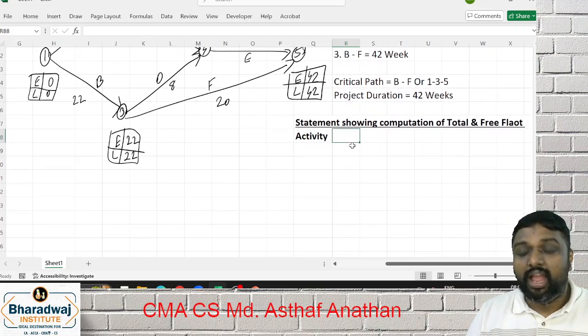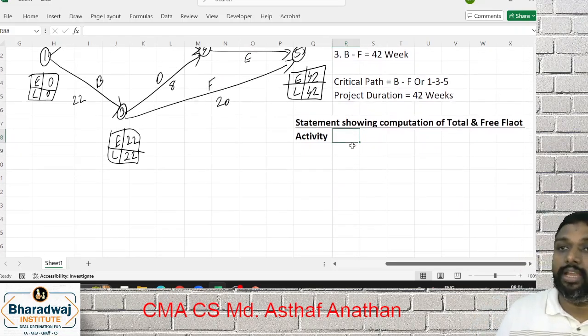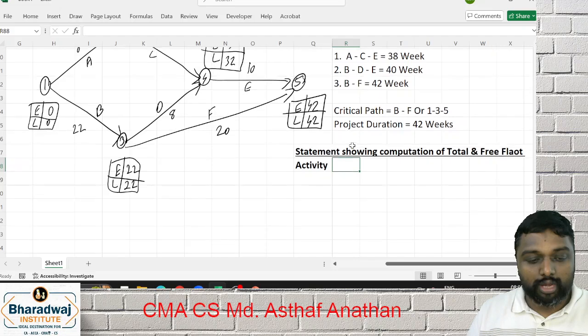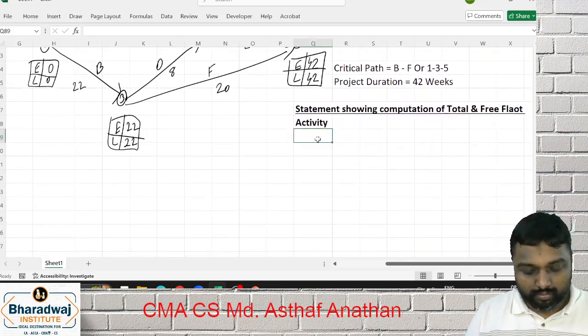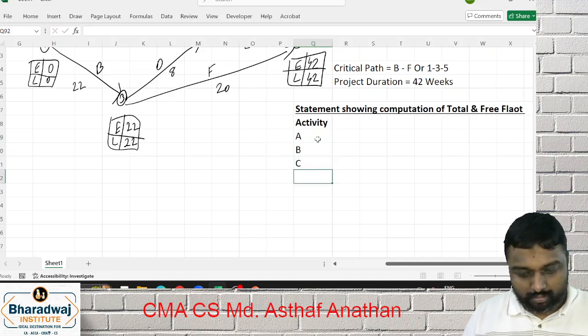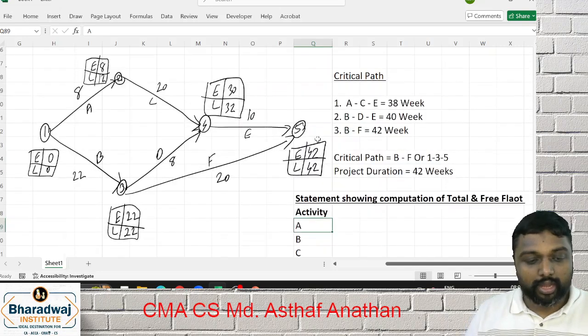So activity. Activity, either you can give A, B, C, D, or you can give what? 1, 2 like that. Or else you can give the bracket.